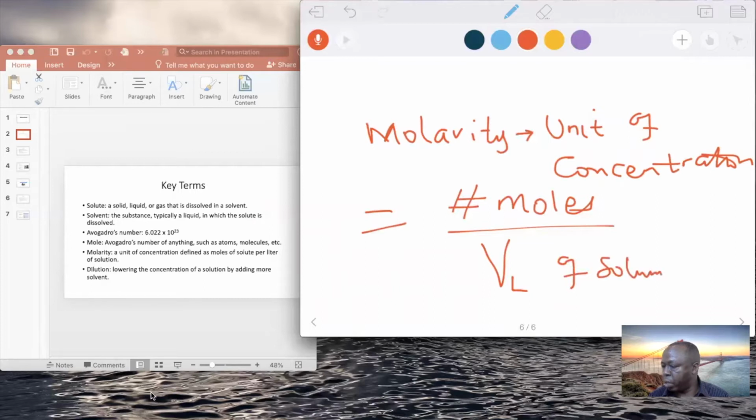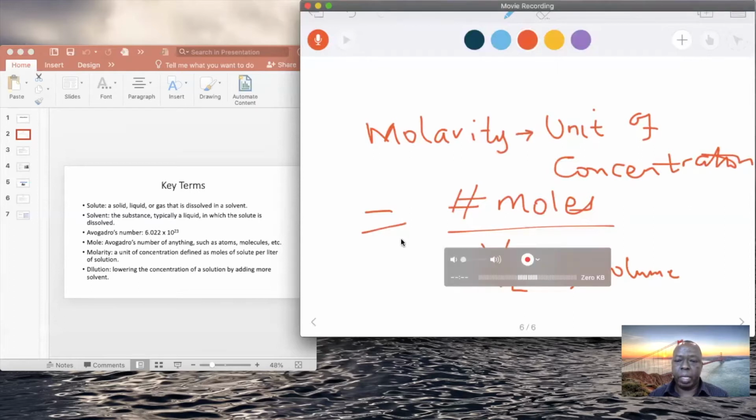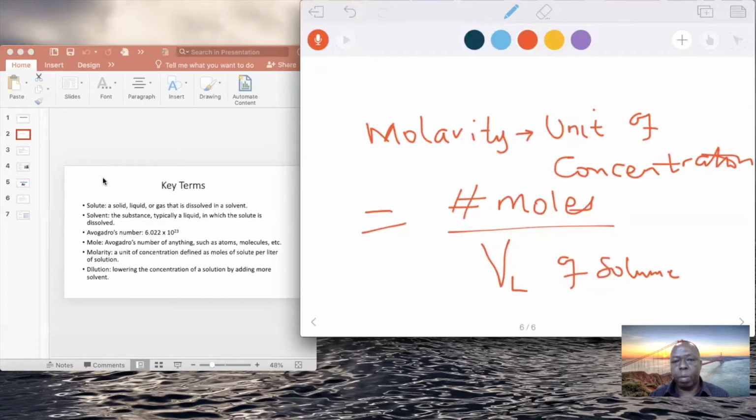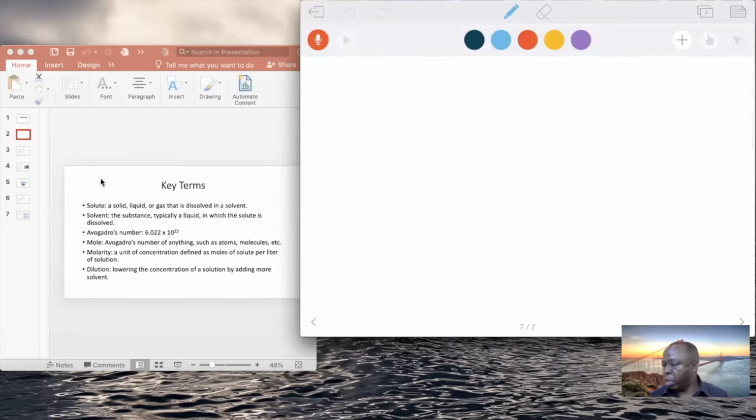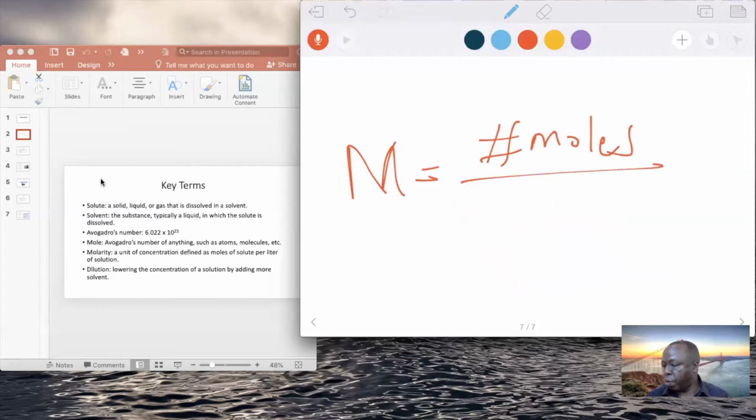If you have a solid, you dissolve the solid and adjust the volume to any given amount and change that volume to liters. Number of moles over volume in liters gives you the molarity of solution. You'll see this equation: M for molarity equals number of moles of solute over volume in liters of solution.